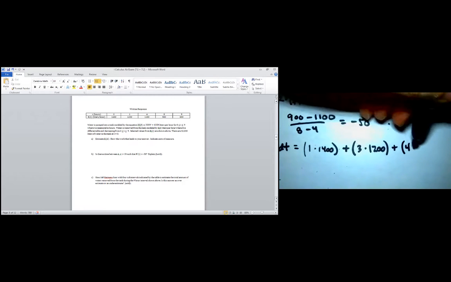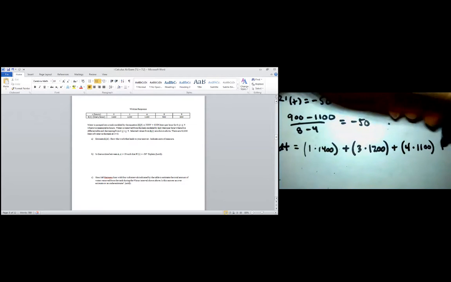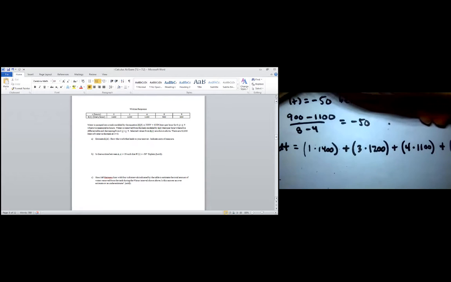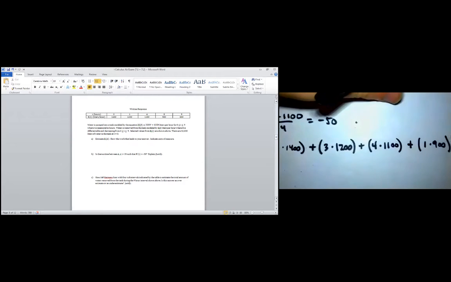And we've got to do 2 more, a width of 4 and a height of 1100. Last one is 1 by 900. So that's not the worst math in the world. Normally with a Riemann sum, you could just leave it. This particular problem, we need an answer.